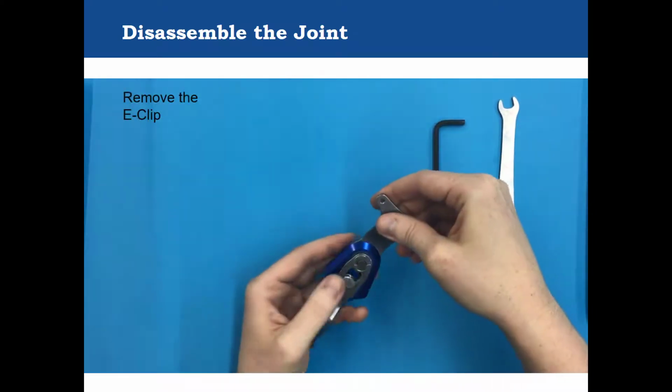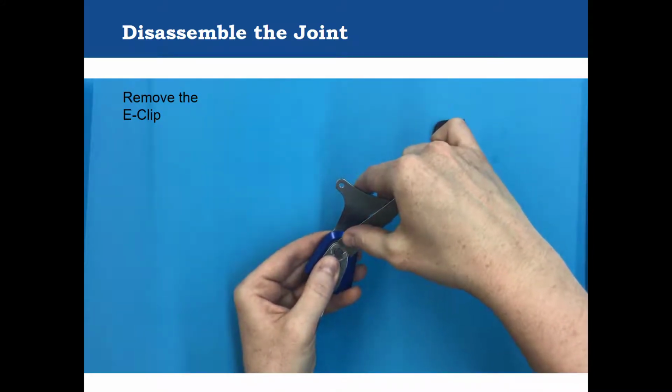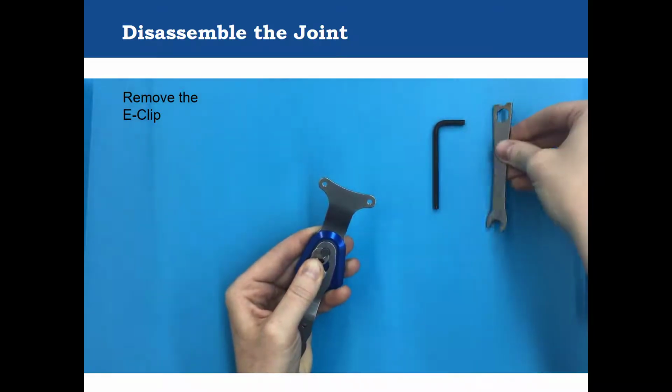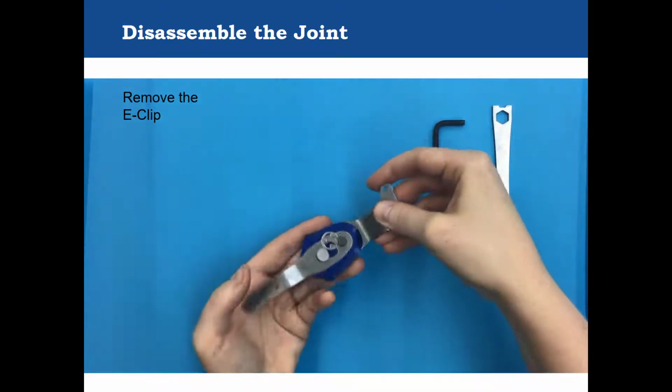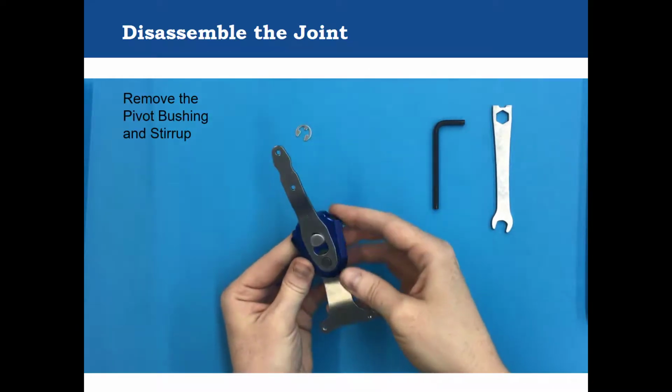Remove the E-clip using the included combination wrench. Remove the pivot bushing.